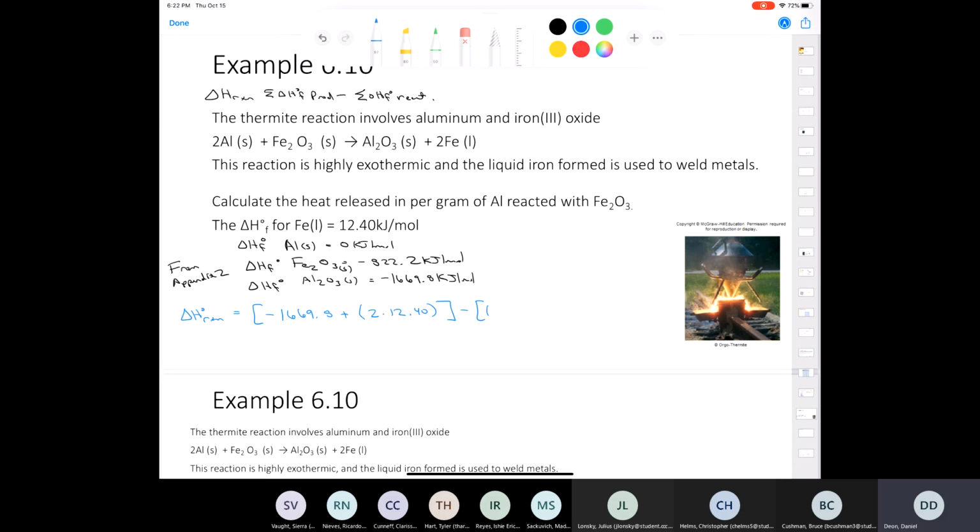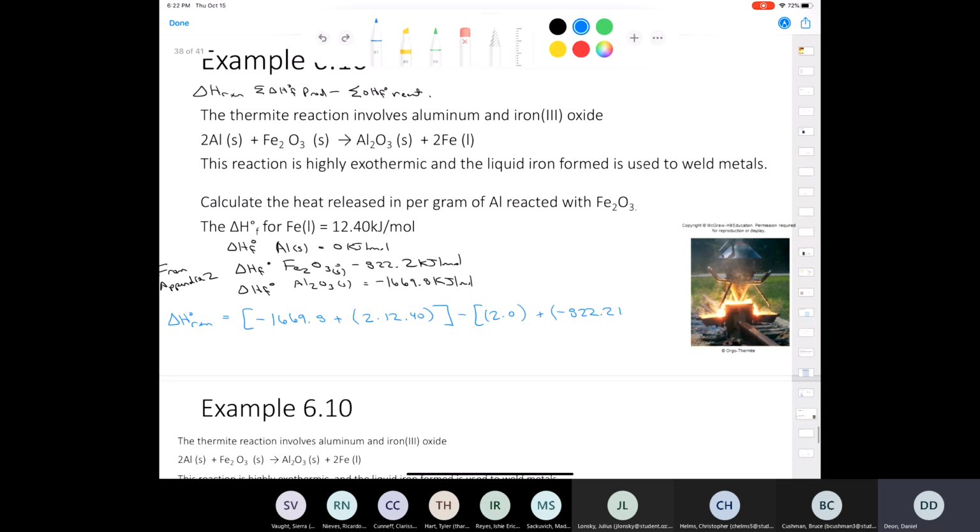For our aluminum, we have 2 times 0. And for our iron(III) oxide, we have 1 mole of that, and that's negative 822.2 kilojoules. Let me put kilojoules per mole outside of the whole thing.